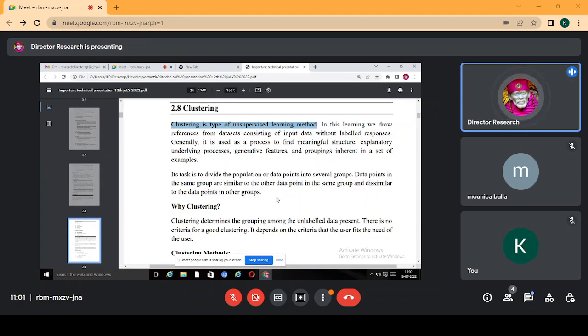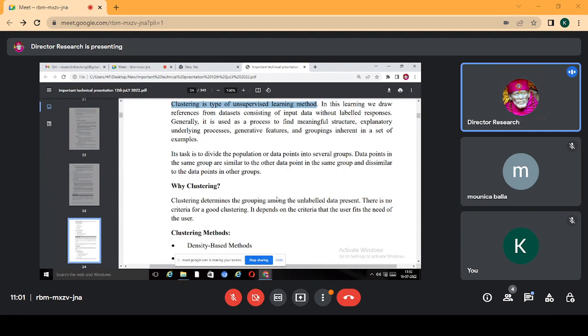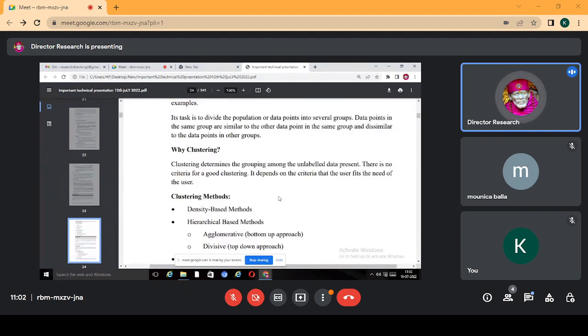Data points in the same group are similar to each other and dissimilar to the data points in other groups. Clustering determines the grouping among the unlabeled data present. There is no single criterion for good clustering; it depends upon the criteria that fit the needs of the user.